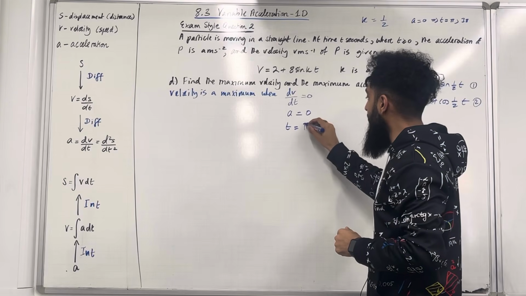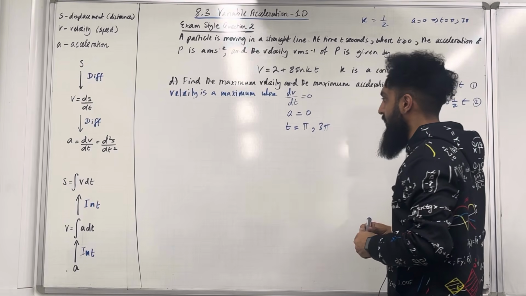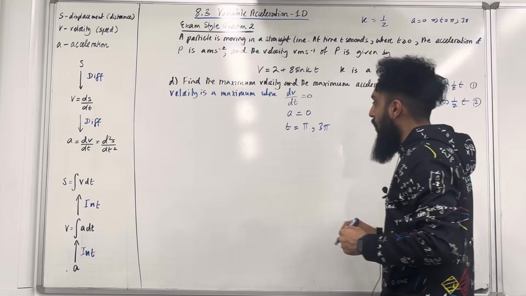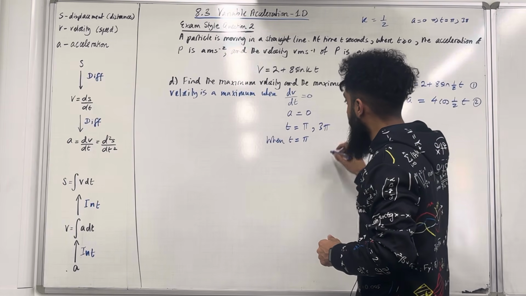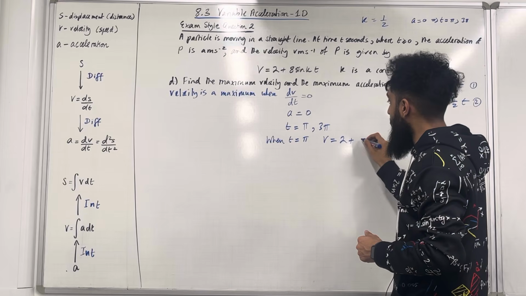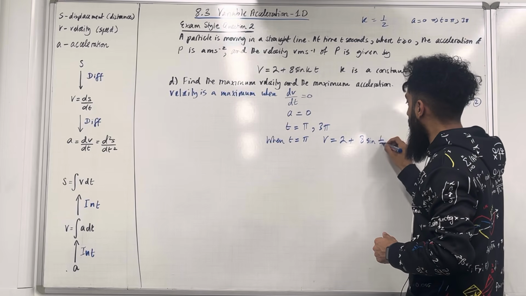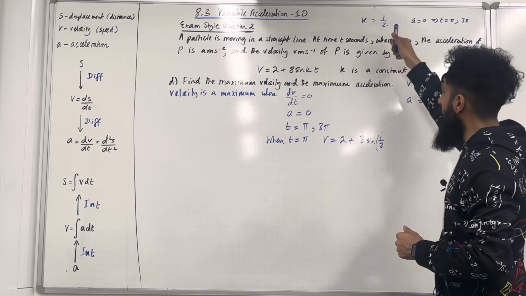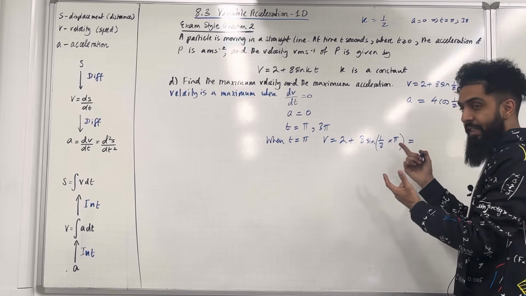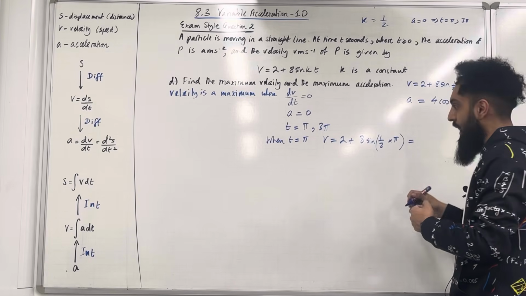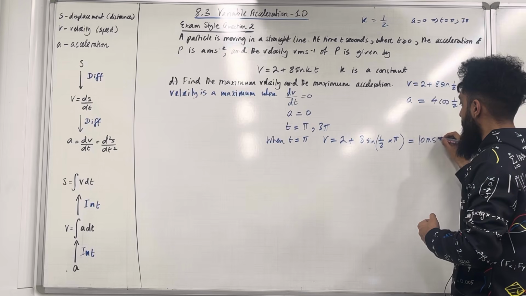This was calculated in the previous part of the question. Okay, now when t is equal to pi, v is equal to 2 plus 8 sine a half, remember k was a half, multiplied by pi. If I put this into my calculator, I get exactly 10 meters per second.